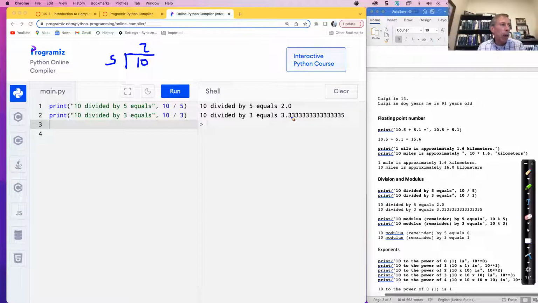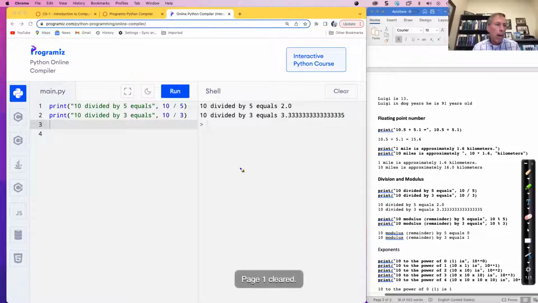Now notice it gives me all these decimal places and then it rounds it off. Now I'm not going to get into this here. Later, in a couple, 2-3 weeks, I'll show a little bit more about different things we can do with print to format things the way we want to see it. But that's not important right now.